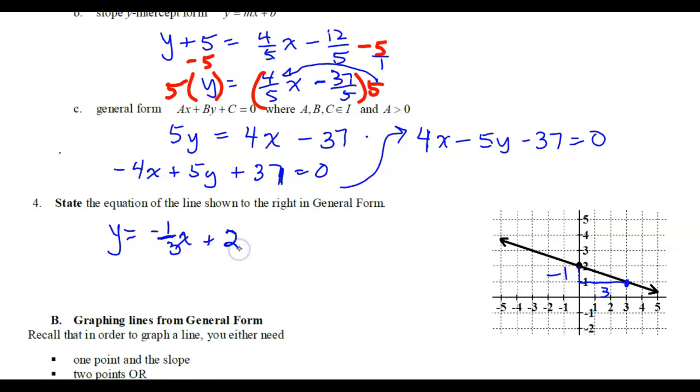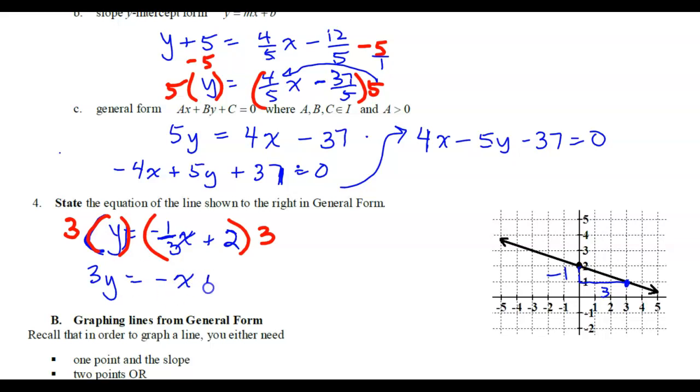Okay, now to get rid of that 3 in the denominator, because I want to put it in general form, multiply both sides by 3. So that's going to be 3y equals -x plus 6.